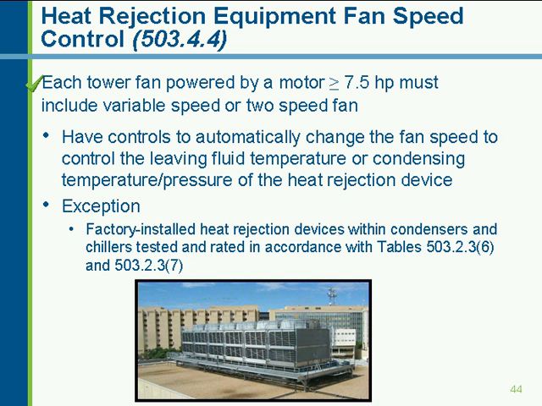There is an exception if you've got factory-installed heat rejection devices within condensers and chillers that are tested and rated in accordance with the efficiency tables 503.2.36 and 503.2.37. They do not need to include those tower fan motors or the fan controls.